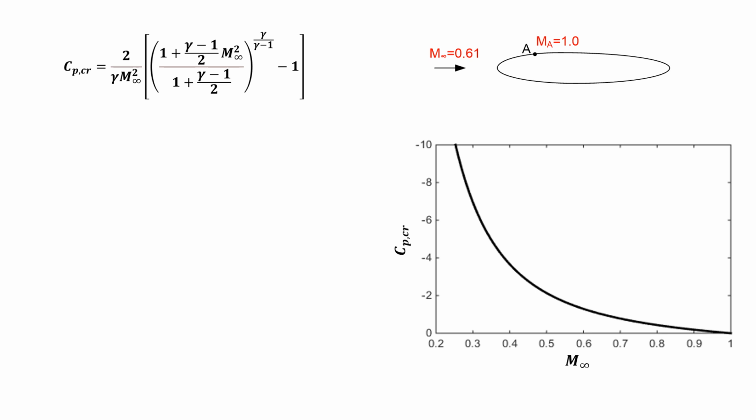Just pay attention to the CP critical axis, and you should notice it's inverted. Why is it inverted? Because when we deal with the pressure coefficient for an airfoil, it's normally inverted, especially when you plot the pressure coefficient distribution for the upper and lower surfaces. We just follow that commonly adopted custom.